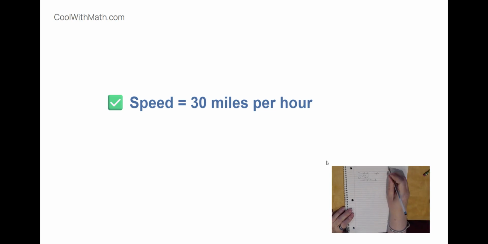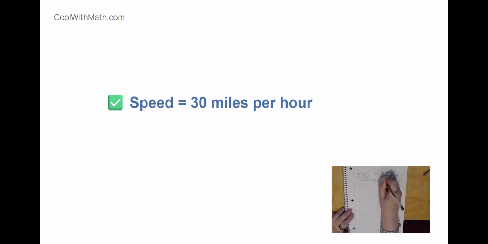And we would have written the ratio of 60 miles in every 2 hours. And then we'd have to remember that when we're finding the rate, like speed, we always compare it to a single unit. So we have to change 2 hours into 1 hour. We are doing that by dividing by 2.